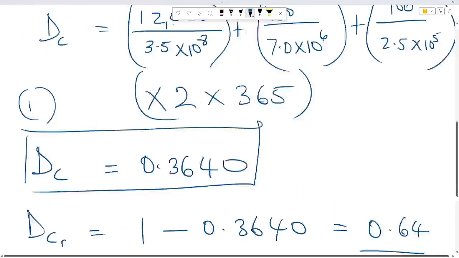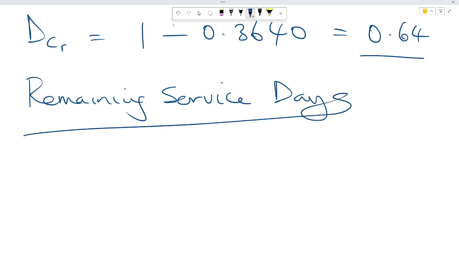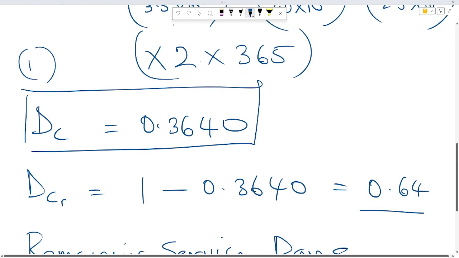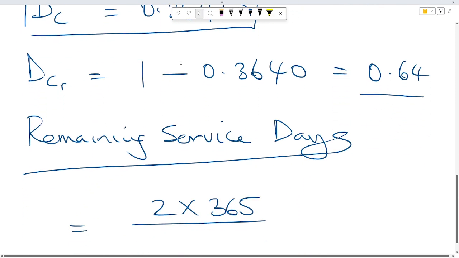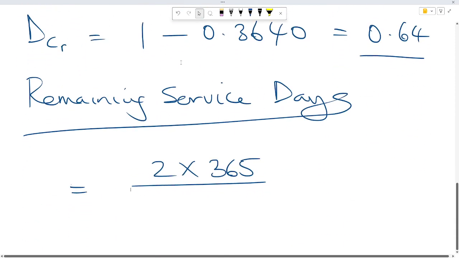So the remaining service days will be 2 times 365 days over the previous DC, which is 0.364, multiplied by 0.64.